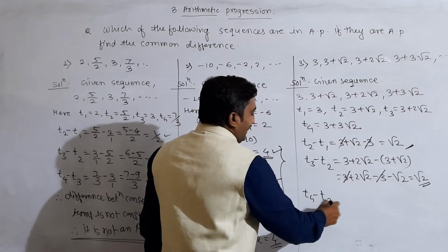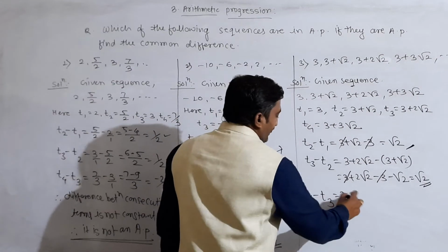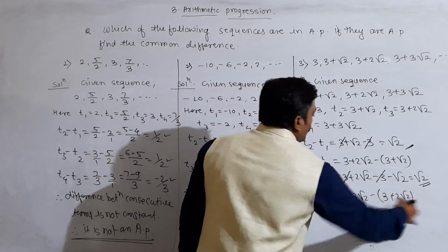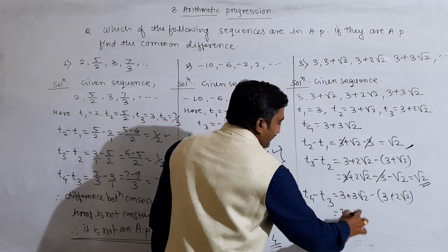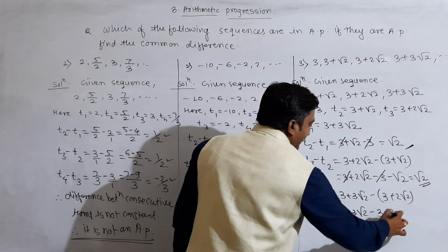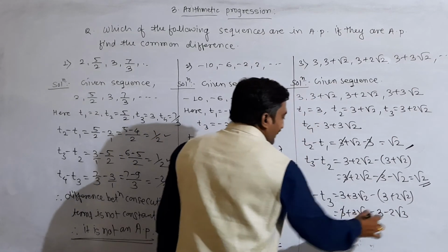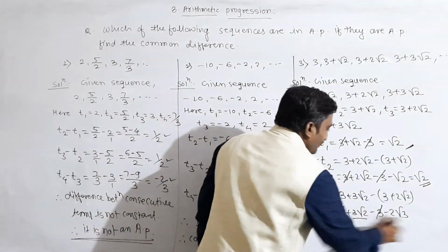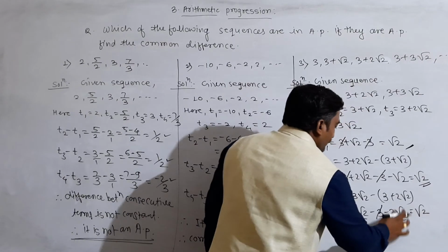Then T4 minus T3, 3 plus 3 root 2 minus, 3 plus 2 root 2. Here this plus 3 minus 3 gets cancelled. 3 root 2 minus 2 root 2 is equal to root 2.